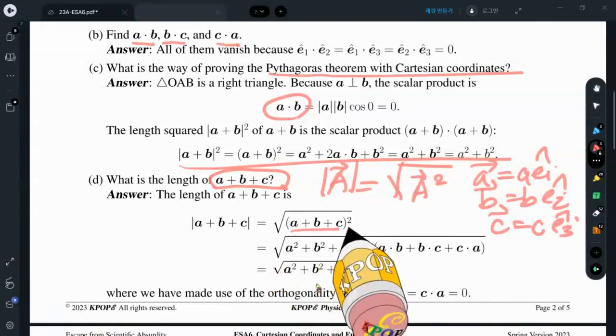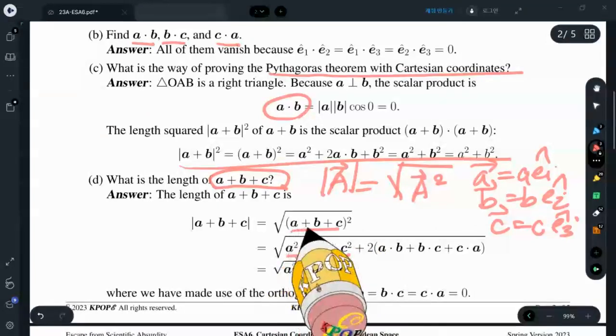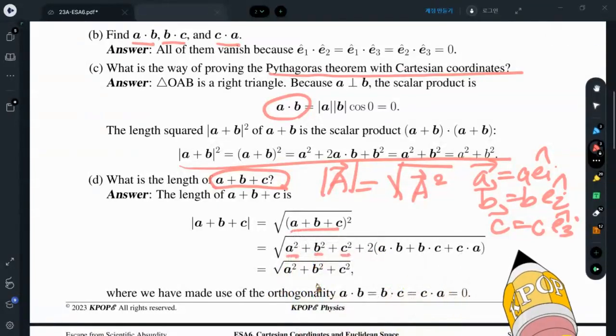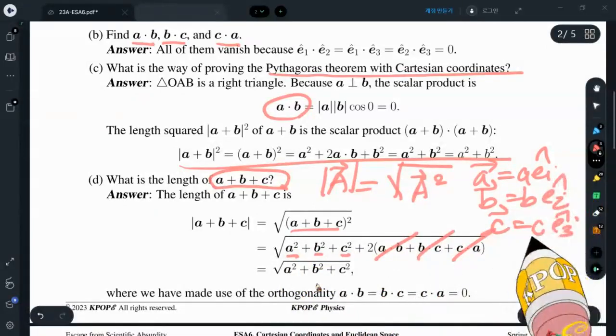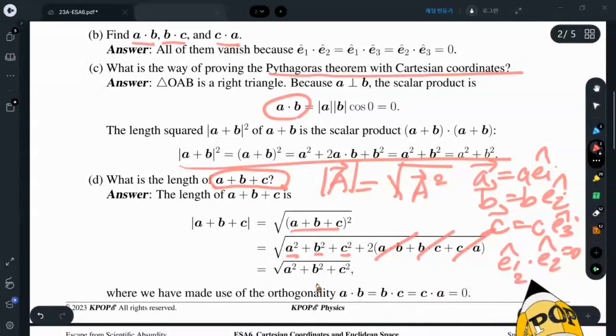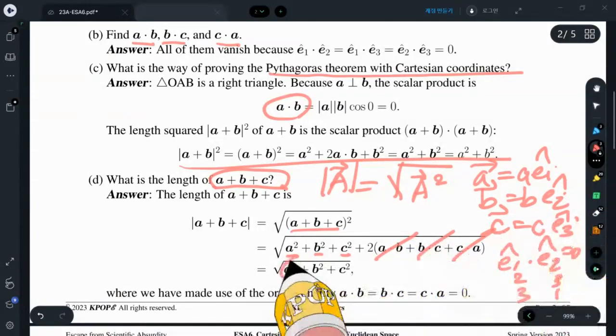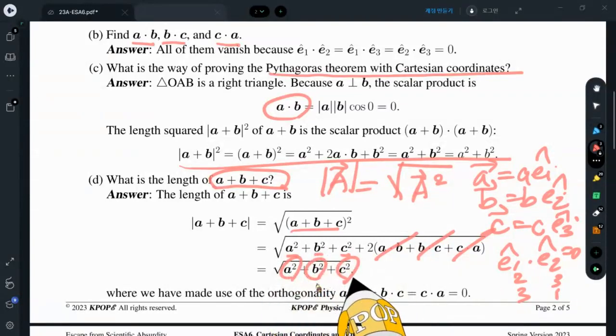If you square this, we have the squares and 2AB, 2BC, 2CA. All of these cross terms cancel because e1 dot e2 equals 0, e2 dot e3 equals 0, e3 dot e1 equals 0. So what we obtain is the sum of squares and the square root. This is the length.